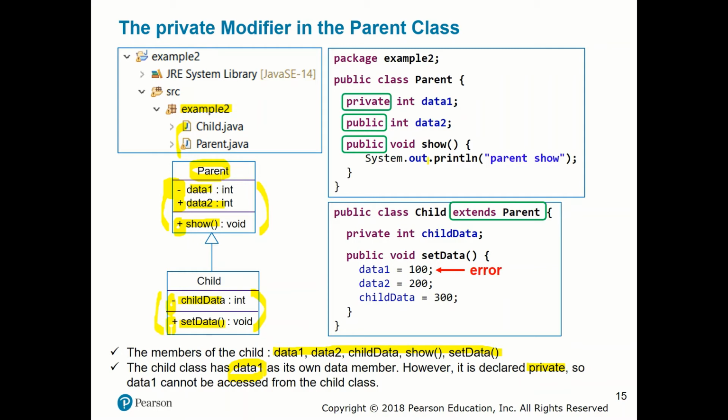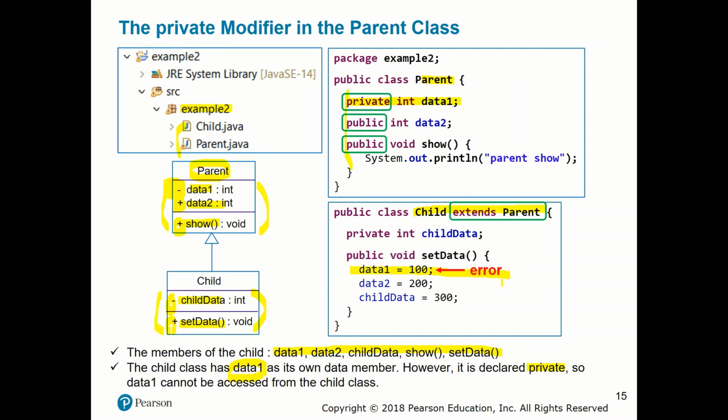So here, the Parent class has the private member data1 and Child extends Parent. So Child has these 3 members, but the Child class cannot access the private member in the Child class. Okay, so private is for encapsulation and it is very strict in access.